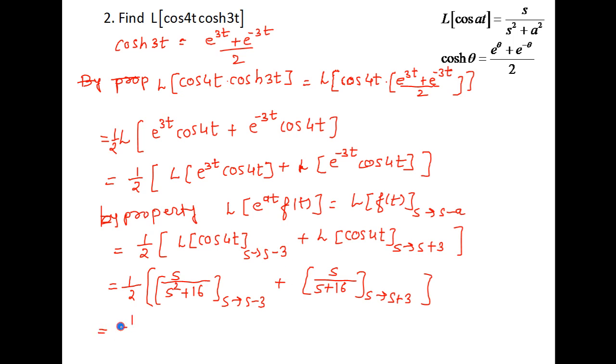So our final result will be 1 by 2 s minus 3 upon s minus 3 whole square plus 16 plus s plus 3 upon s plus 3 whole square plus 16. So that is our final answer. Next example we are going to solve here.